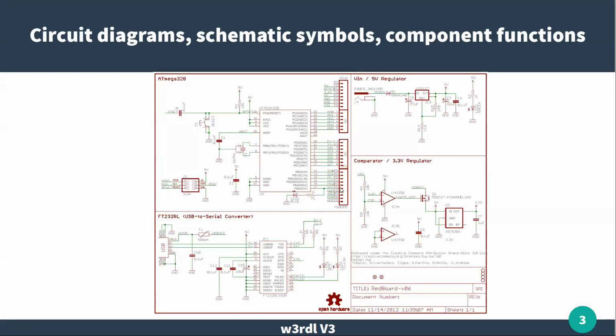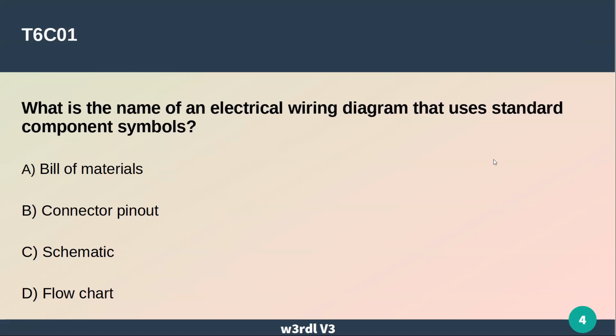This is a typical real schematic of, I forgot what, some microprocessor little board with regulators and an interface. So what is the name of an electrical wiring diagram that uses standard component symbols?